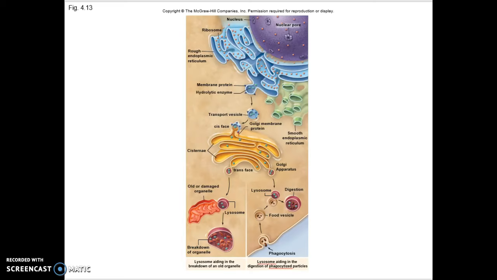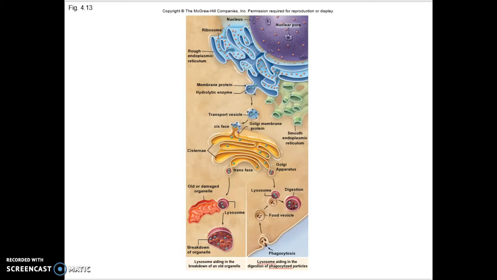If the cell has actually ingested food through a process called phagocytosis, the lysosome helps break that food down, digesting it, turning it into a more usable form that can sometimes get moved into other parts of the cell.